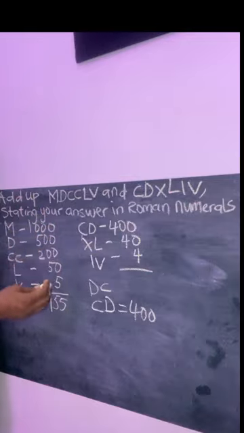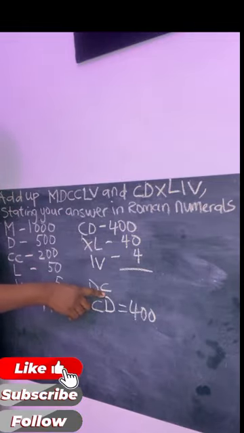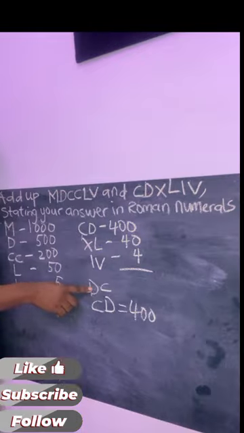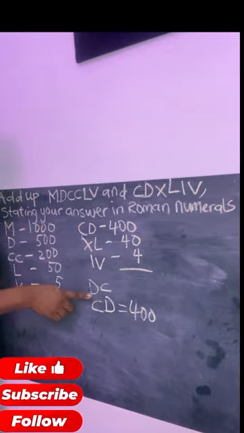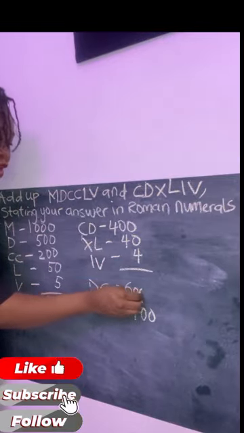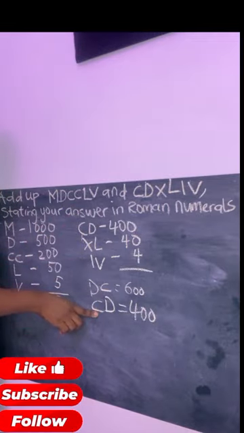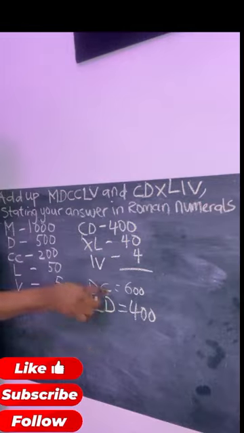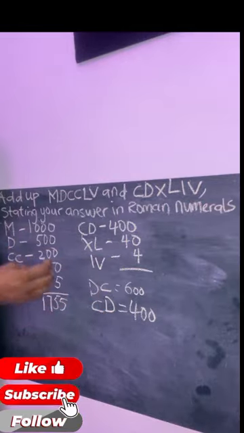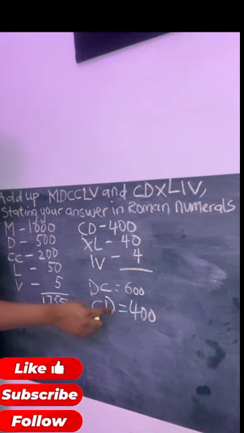Normally, the bigger number comes first before the smaller number. That's what I'm trying to explain. So your C here is 100, your D here is 500. In this context, we have 500 and 100, that is 600. So anywhere you see the smaller number coming first before the bigger number, it indicates a lesser number, and that is 400, 500 minus 100.